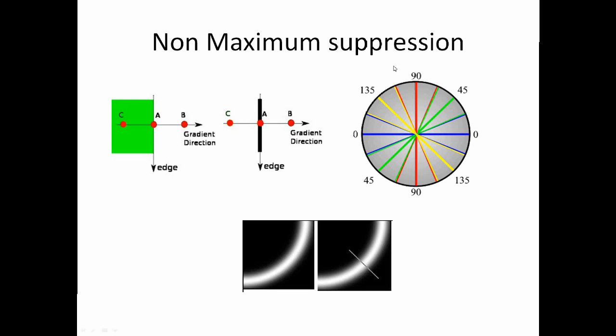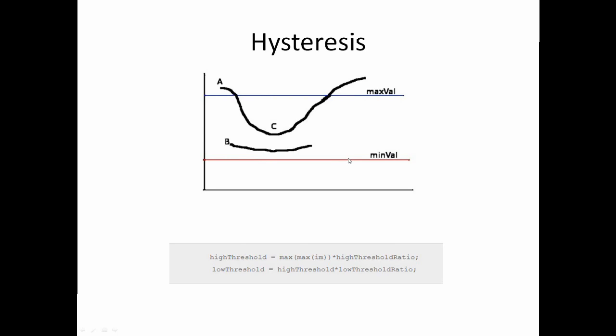And the last but not the least step is applying the double threshold method. The double threshold method is to get rid of unwanted pixels which are not edges. Basically, we have weak edged pixels and strong edged pixels.